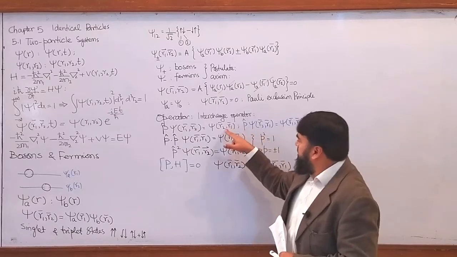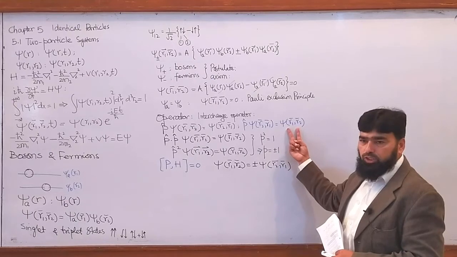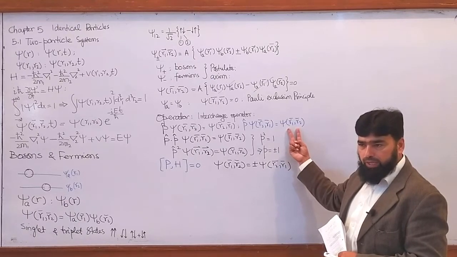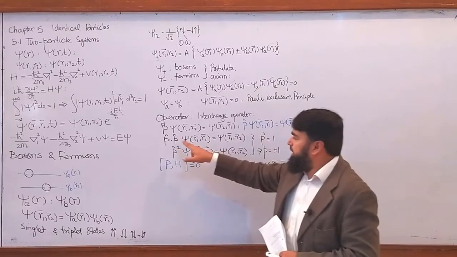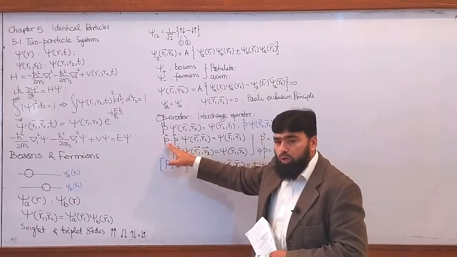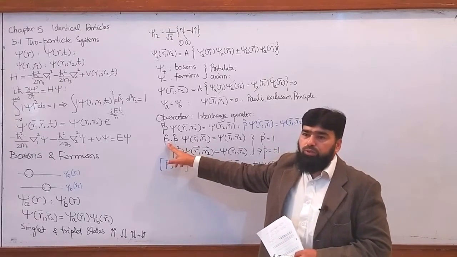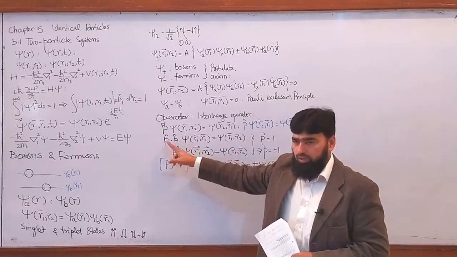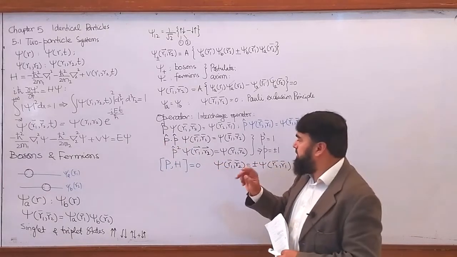I apply the same operator on this one, so I will get the same state back. This indicates that if I operate P twice on a state, then the state will remain the same. Changed, then again the same.